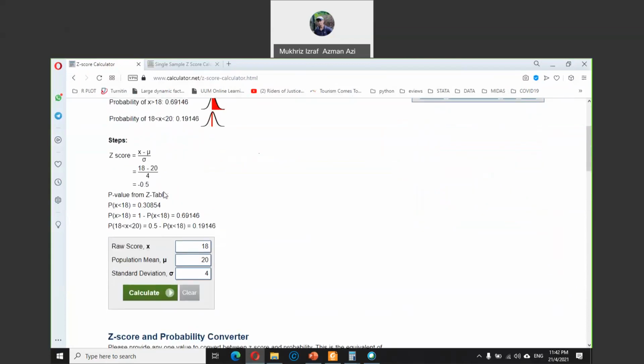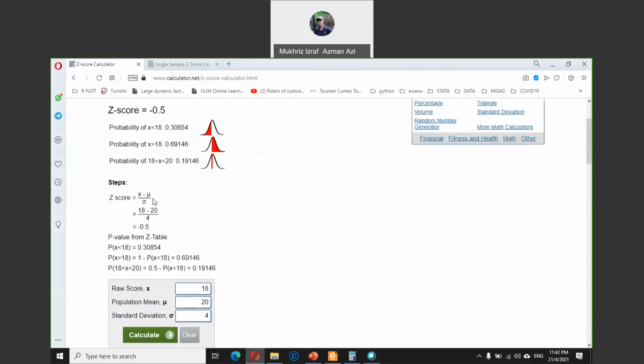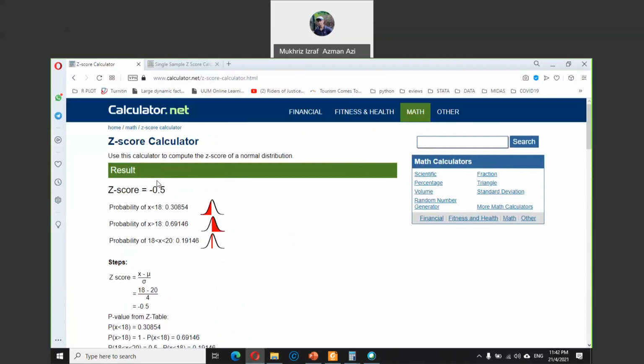And you can see here that when you key in that value, the calculator provides you with three possible solutions. One is when X is less than 18, more than 18, and between 18 to 20. 20 here is the mu value, which is when you convert, it will be 0.